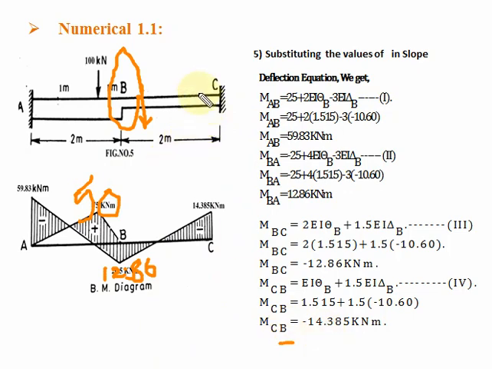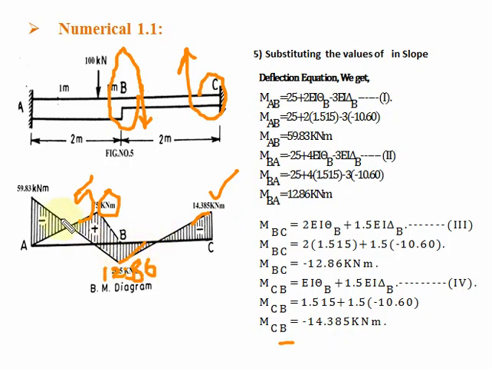Now the last one, MCB, minus 14.38. Keep your pen close to C. Minus means you have to rotate about C in the clockwise direction, coming up after one rotation. So show up 14.385, then join with the line.